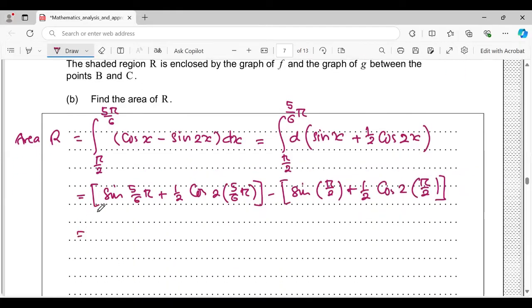And it's going to be sine 5 pi over 6 plus half cosine 5 pi over 3, minus sine pi over 2 minus half cosine pi. And if you calculate, you can find the result is 1 over 4.